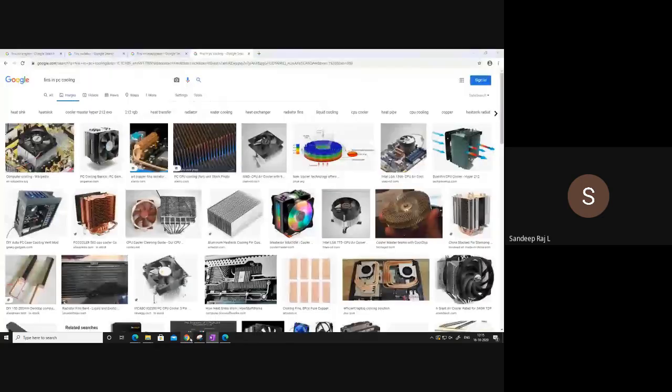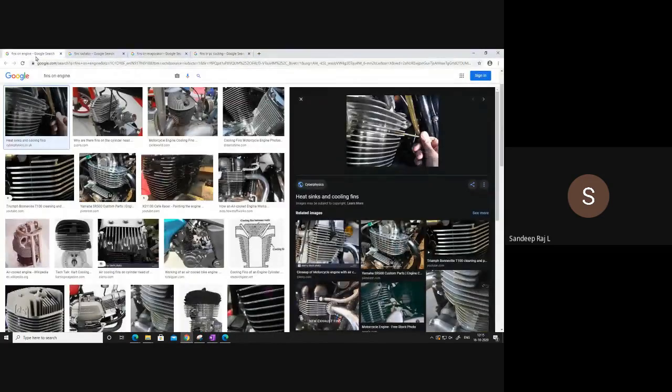So I'm showing some figures to you here. Here you can see the various fins that are there for an IC engine. On an engine, so many fins are there. Why are fins there?